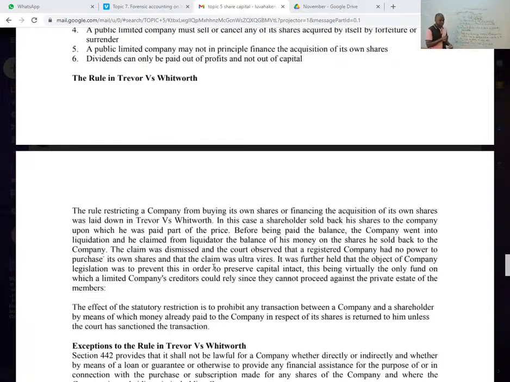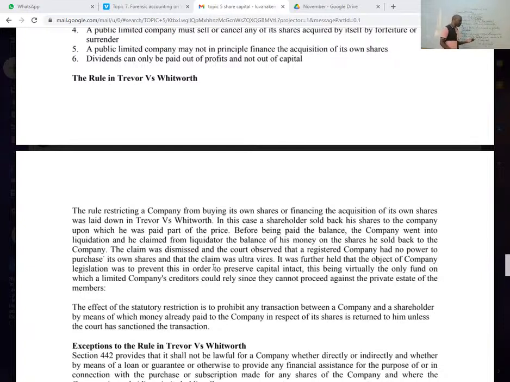You as a shareholder, let's say for example, of Tuskys. If Tuskys is a limited company, there's no way creditors of that company can come for your private property and ask you to pay for the liabilities of Tuskys. The extent they can go to is only the share capital of Tuskys. And if it has been maintained intact, that's where they'll get the money to pay the creditors of the company.